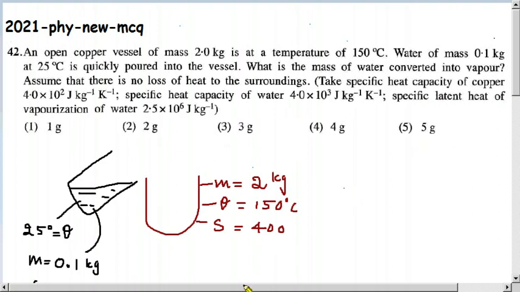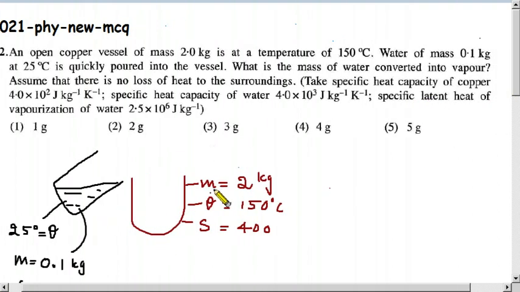So these are the data. What happens when this is heated up to 150? That is considerably higher than 100, because you know at 100 centigrade the water begins to vaporize, boil, and vapor is made.